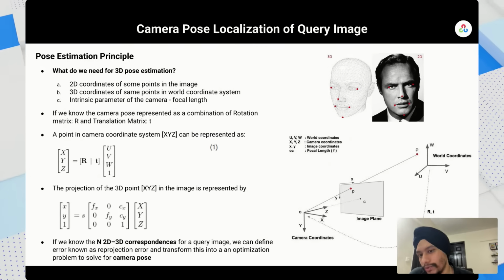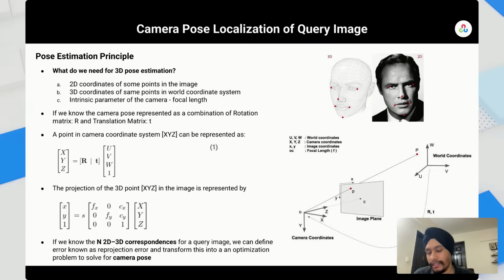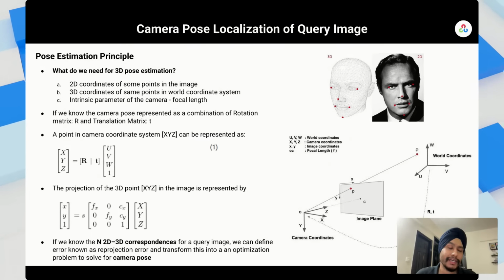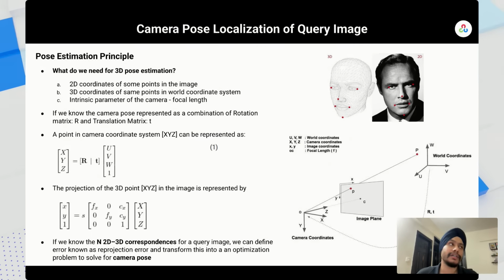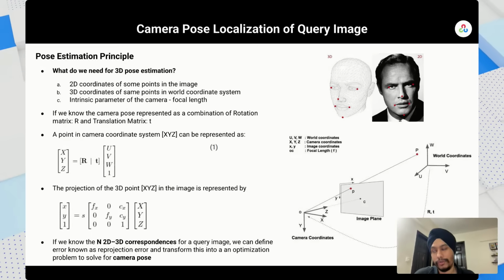The other thing we need to know is the intrinsic parameters of the camera. That is basically the focal length, camera center, distortion parameters and all those things. This is called the intrinsic camera matrix. And one interesting thing about VGGT is that we don't need to give that as an input when we do the reconstruction.